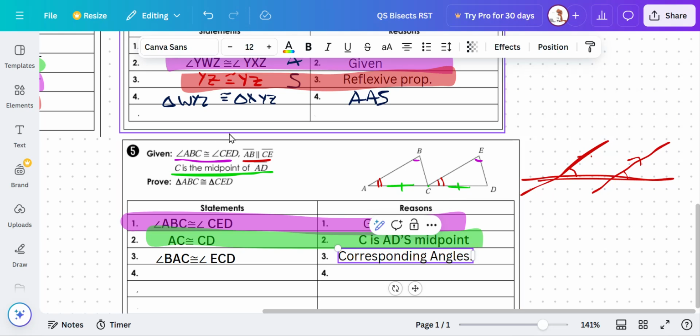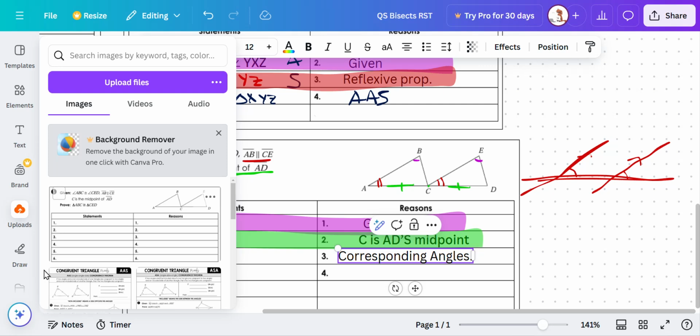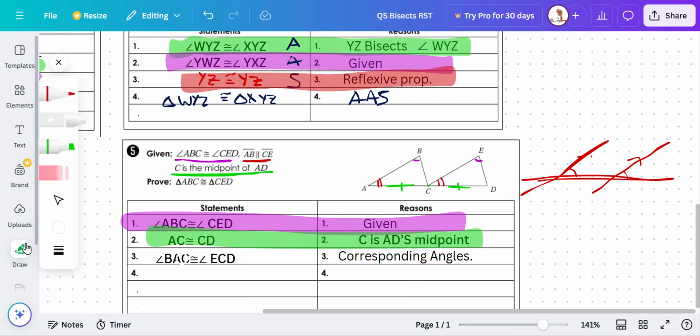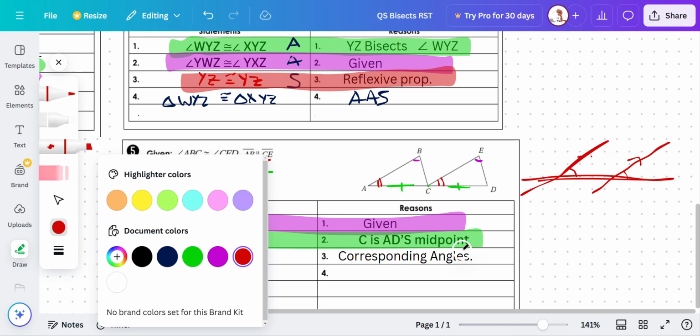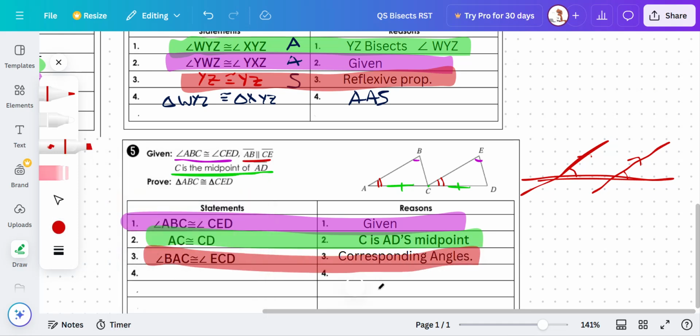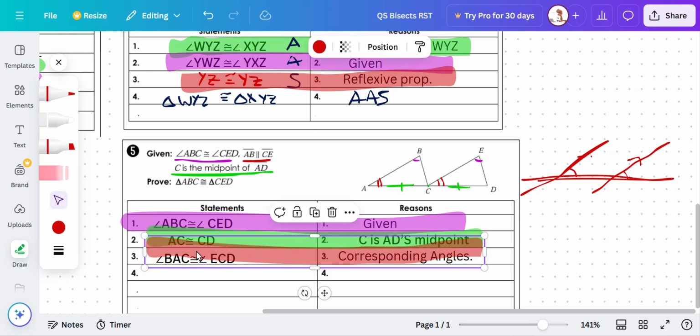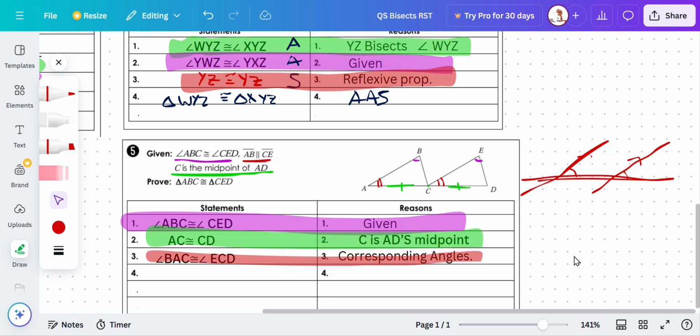This is probably the parallel lines ones are probably the hardest ones to find because it's not as clear cut, but that's our last key that we need. So all right, so we've got, let's see what we got.